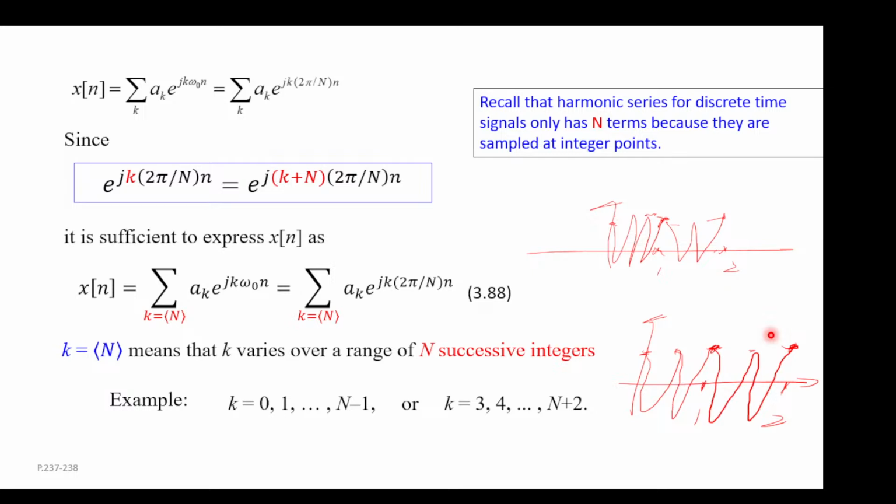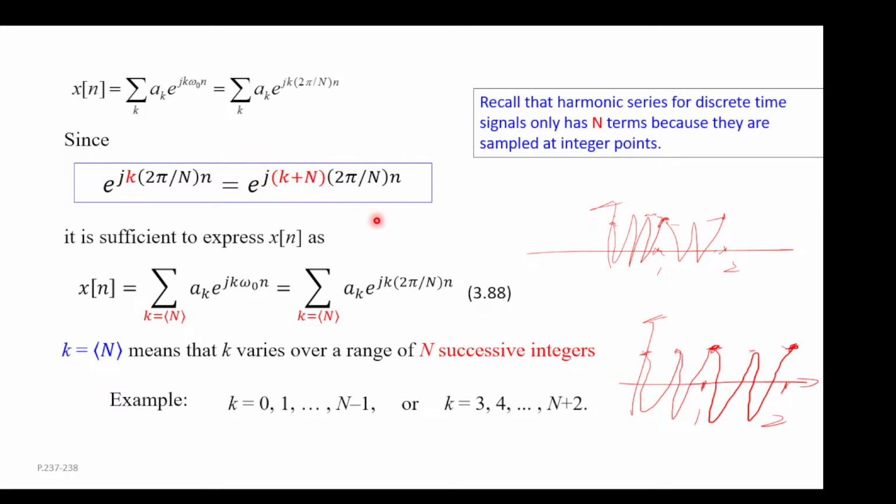And the end result of this is that if this frequency k here increased by a big N, then this is really the same signal.